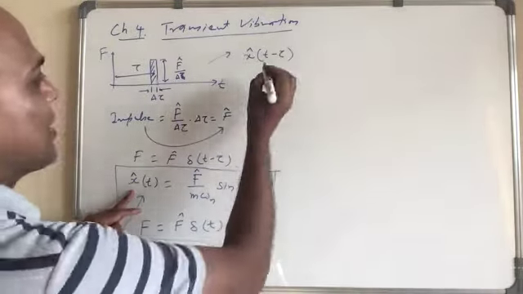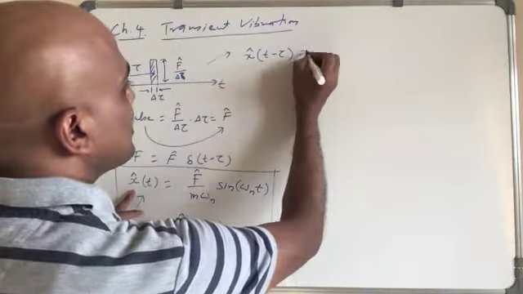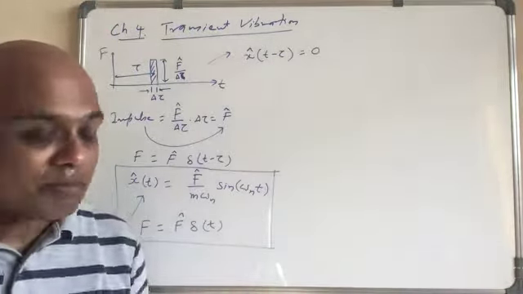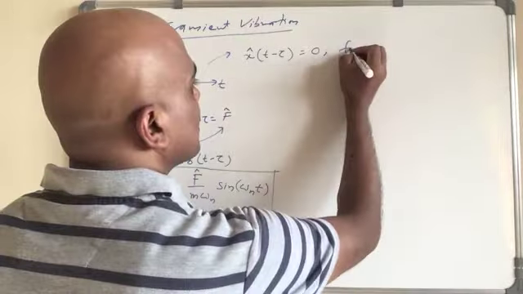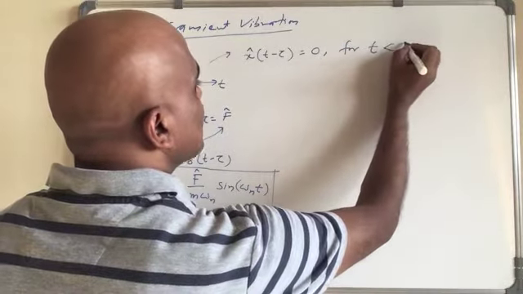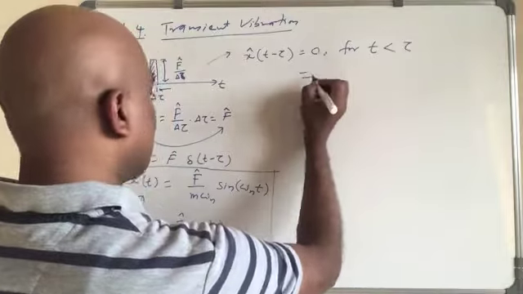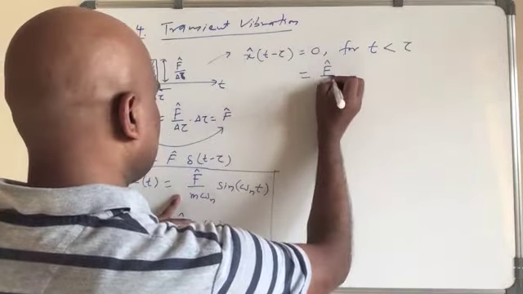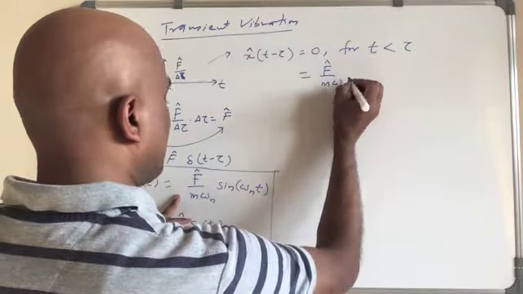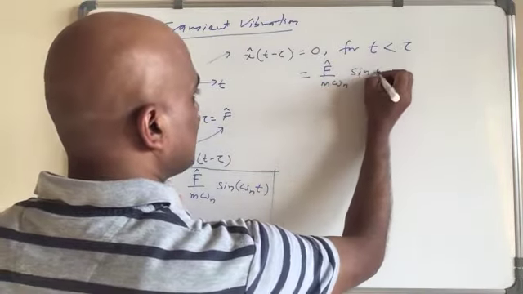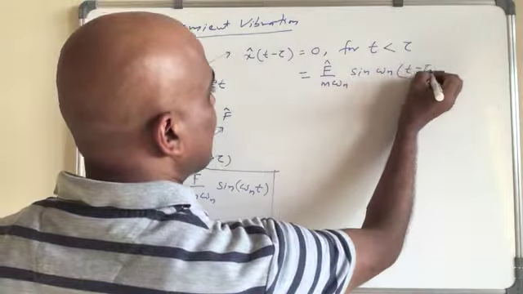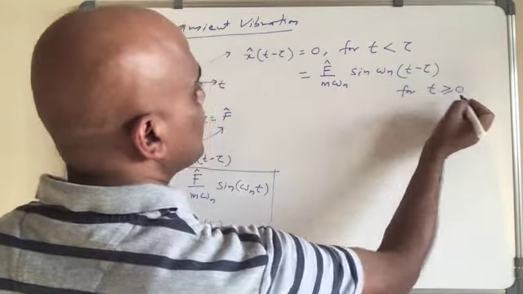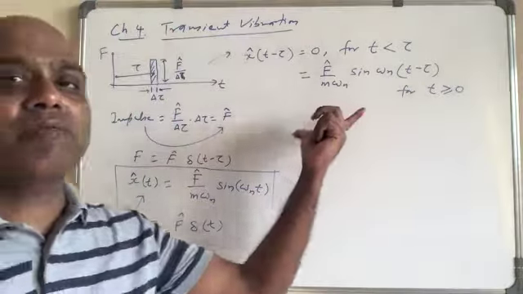That really means it will be equal to 0 for T less than tau, and equal to F hat divided by m omega n, sine omega n (t minus tau), for t greater than or equal to tau.